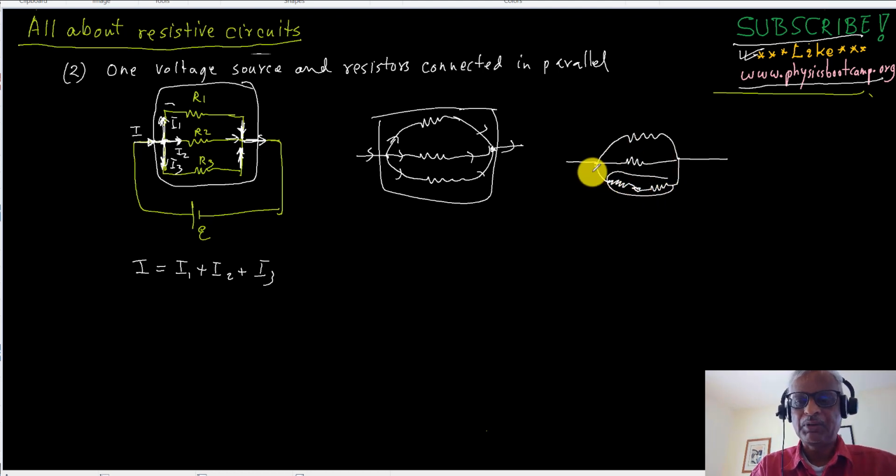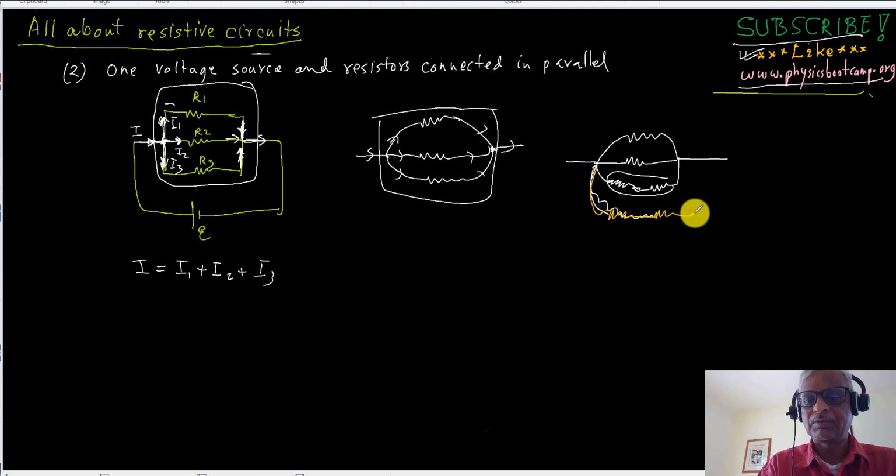But let's say I had one more with these. Let's draw it like this. So there are four parallels, right? So this whole thing is parallel if I think of all these four things as one combined thing.